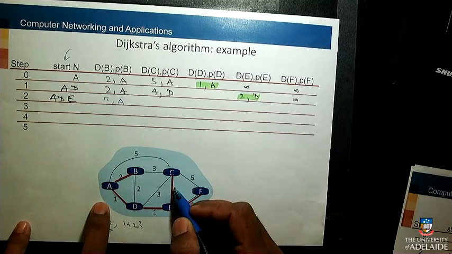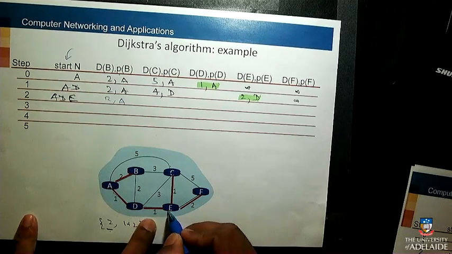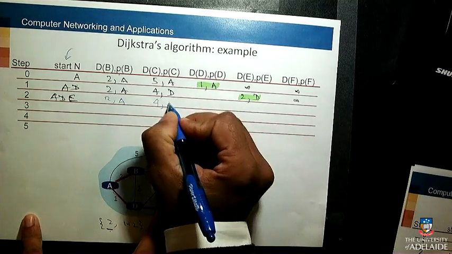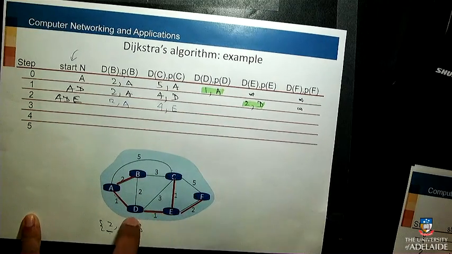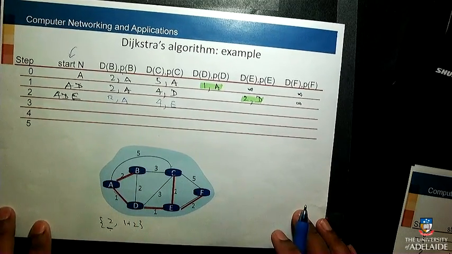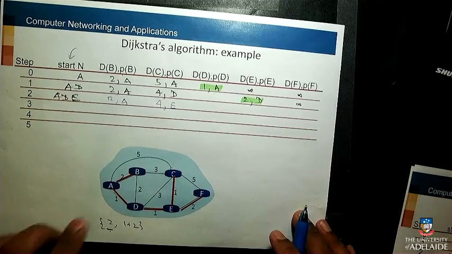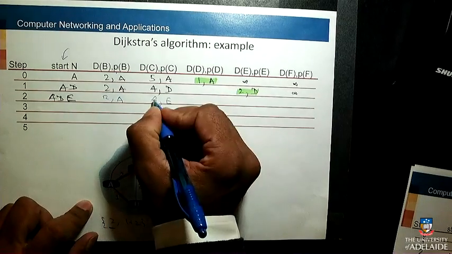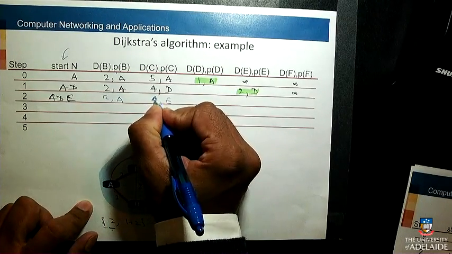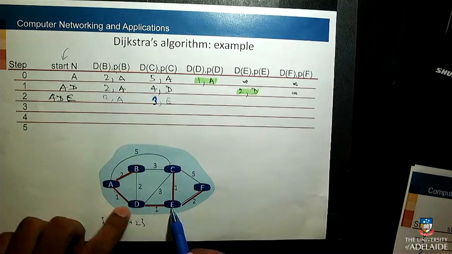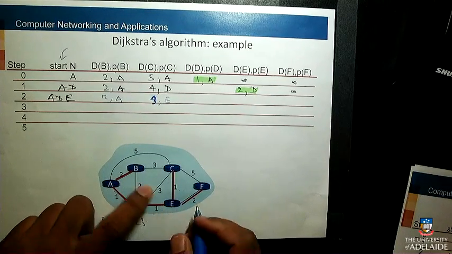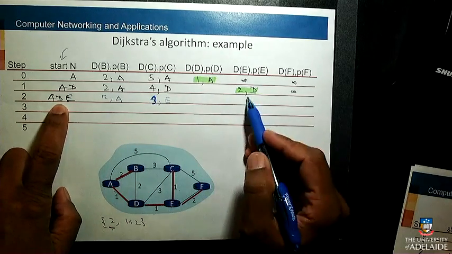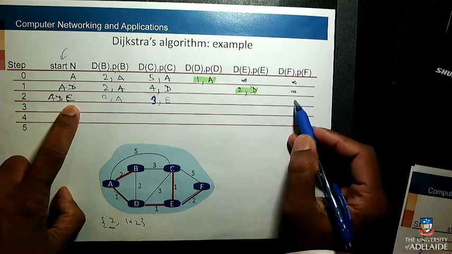So I have 2 to get to E, and E can get to C with a cost of 1. Sorry, 3, can't add: 2 plus 1 is 3. So I have a new cost to get to C via E. D is already in our list, so we don't need to evaluate D, and E is already in our list, so we don't need to evaluate E. Then what about getting to F?